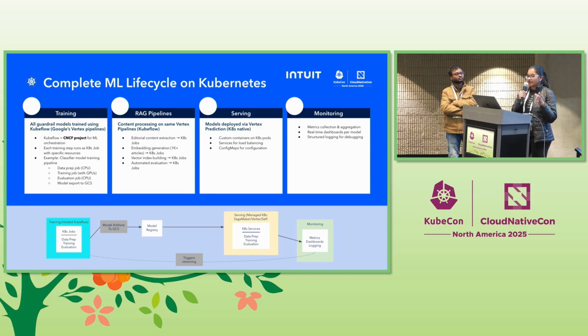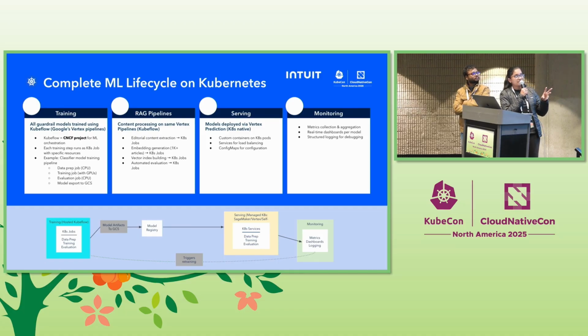By utilizing Kubernetes heavily, we were able to move fast in the ever-changing landscape of guardrails. Apart from training and serving, we also have a monitoring component, which bridges the gap for us by evaluating all the model predictions and giving us a sneak peek into the offline and online world.